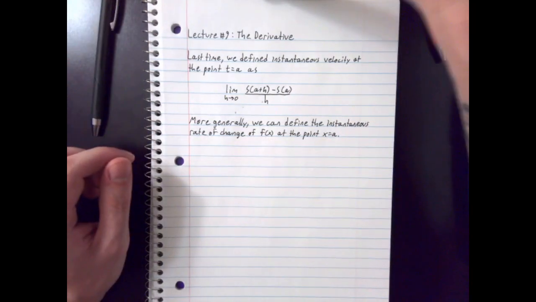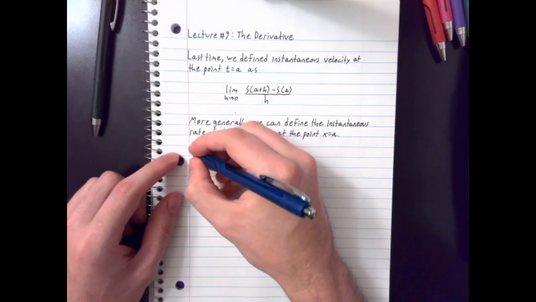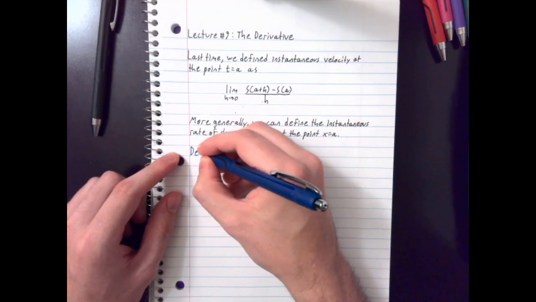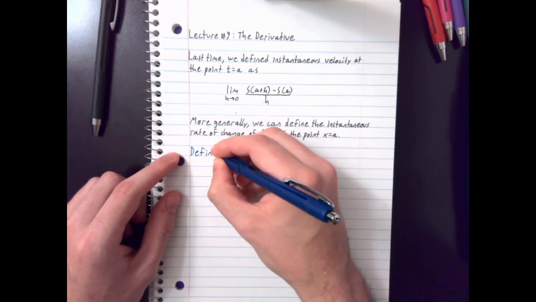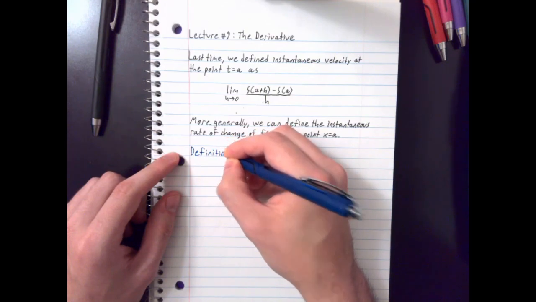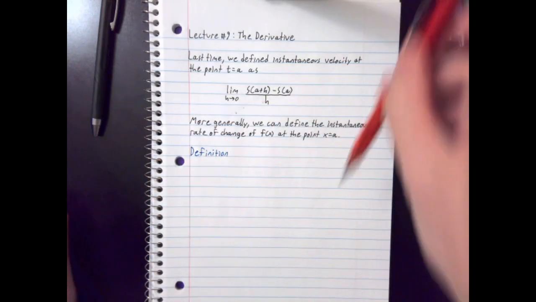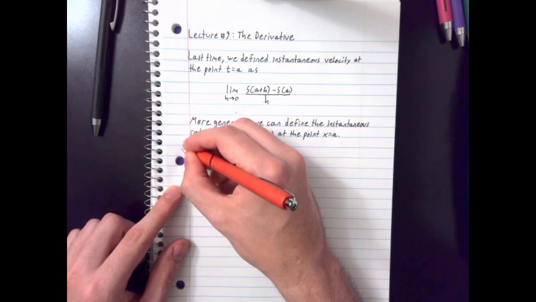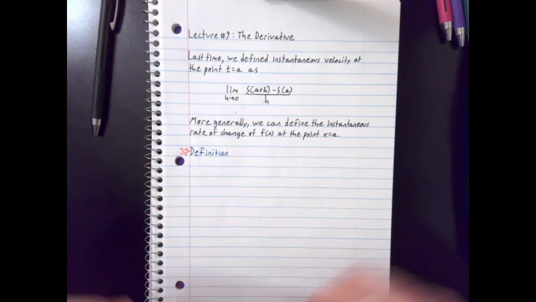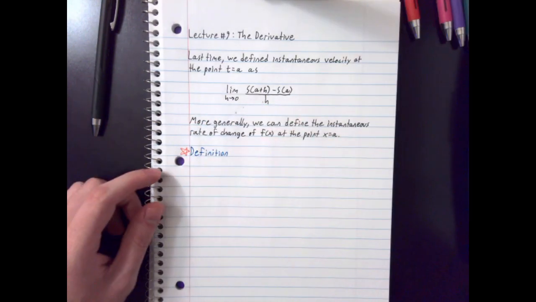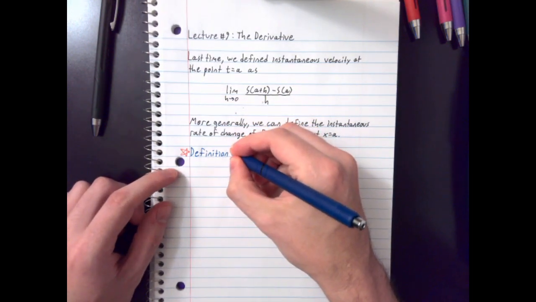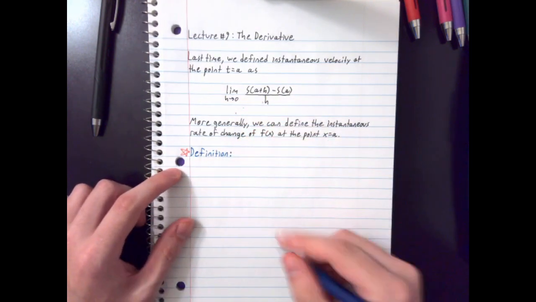And so that brings us to our definition of the derivative. So definition, and this I will preemptively mark with a red star because this is a very important definition. Important to understand this and really know what the notation is saying.